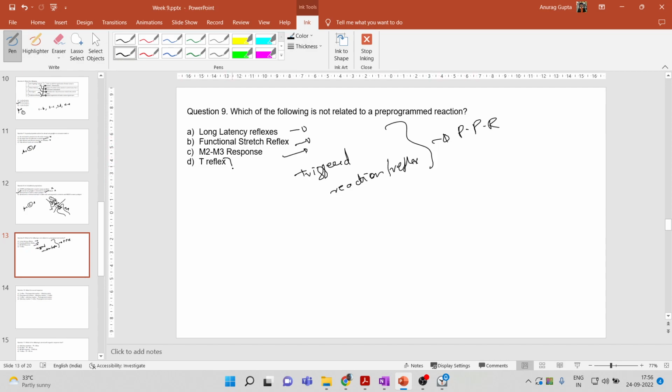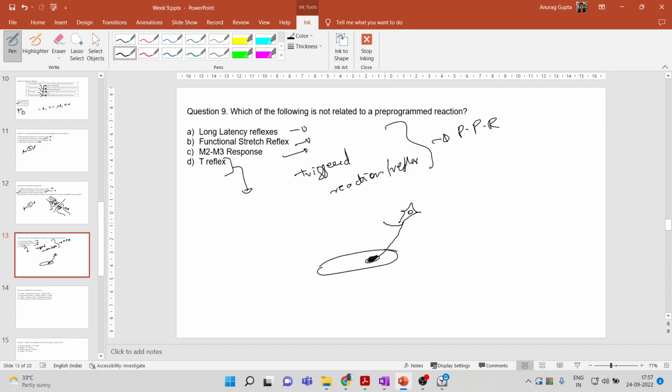However, the T reflex is the tendon tap reflex. So let us remember what happens here. We have these receptors, the primary spindle endings in the muscle, and then we have the 1A afferents.